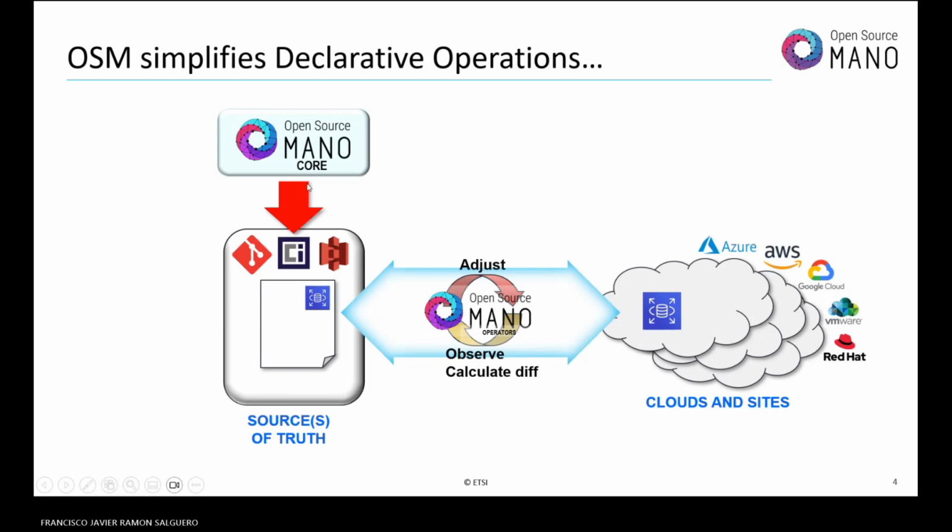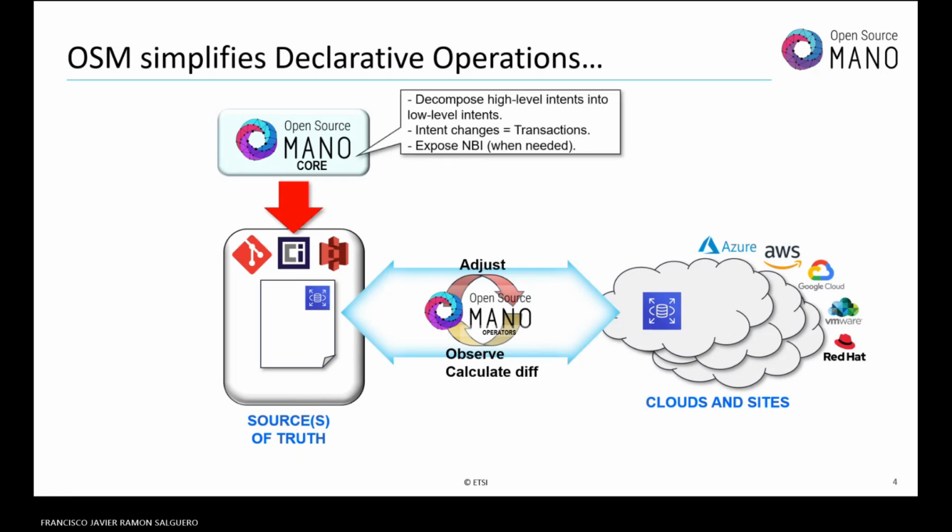And that is the OSM core. And also, OSM will provide the means to achieve that effective synchronization of the intents and check that everything is happening according to the plan. Okay. In the core, as I said, we are decomposing high-level intents into low-level intents that can be understood by cloud native components.